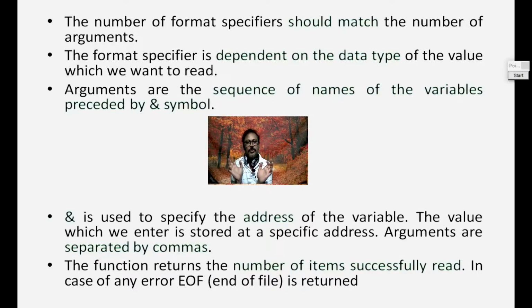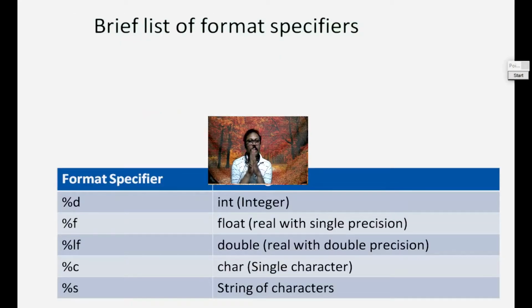Ampersand is used to specify the address. Format specifiers are there within the double quotes, and then the arguments are there separated by commas, each argument preceded by the ampersand. These are some of the format specifiers: %d for integer, %f for float, %lf for double, %c for char, %s for string of characters.